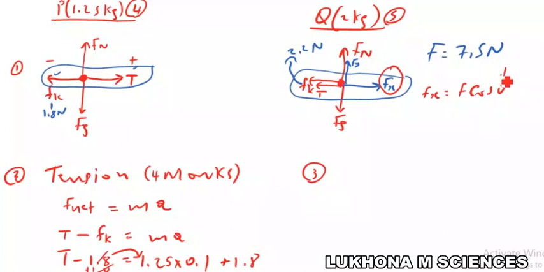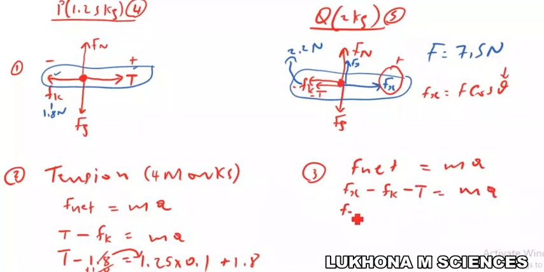We are looking for theta, which means we must first get Fx so that we get theta. Now we will use the same formula, Fnet is equal to ma. So this one must be positive, these two must be negative. So we have Fx minus Fk minus tension, which is equal to ma.